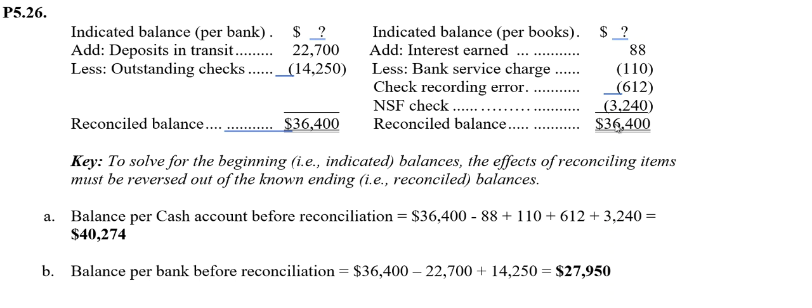And over here we took this 36,400 and added back the NSF check and the error and the bank service charge, and then subtracted out the 88 in interest. Then we would get 40,274 as our initial balance on our books.